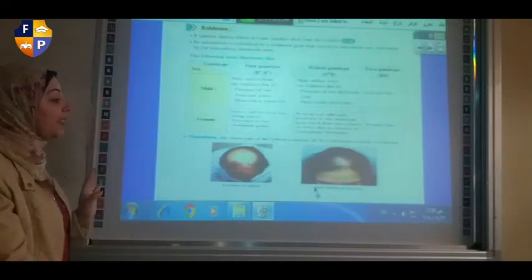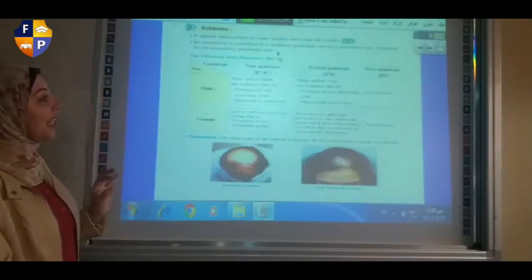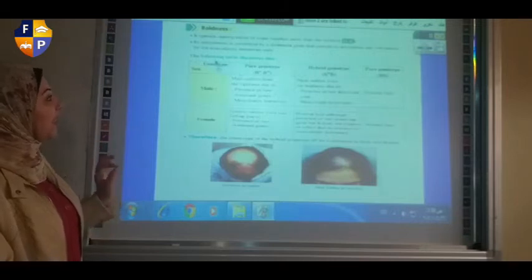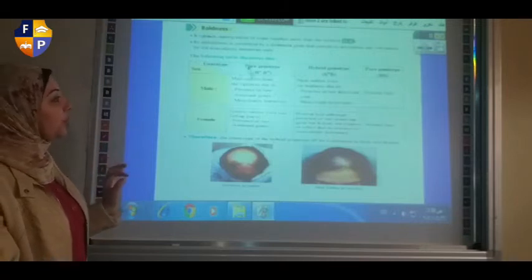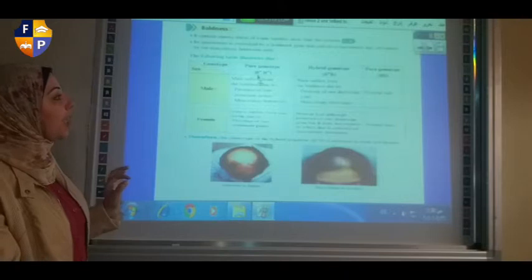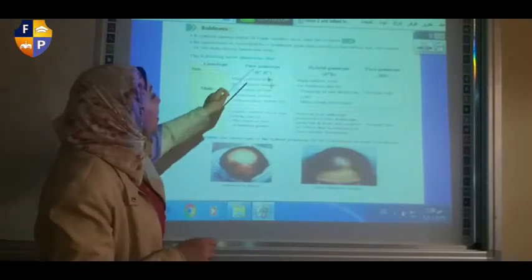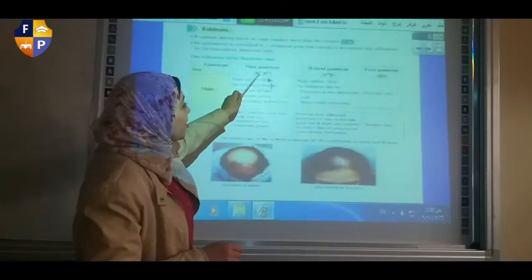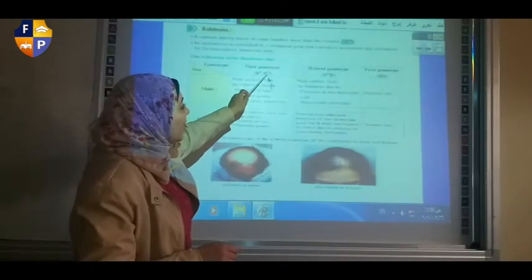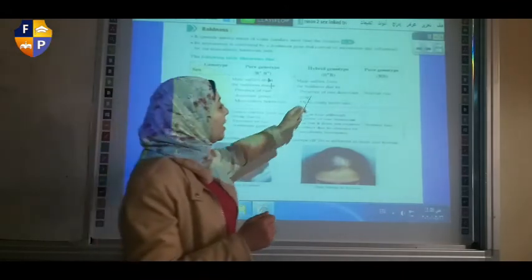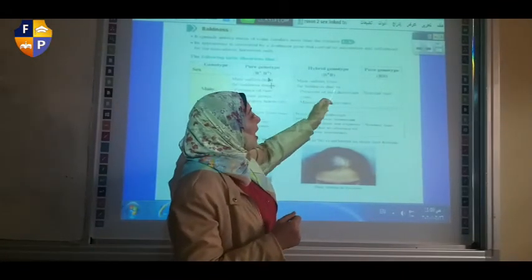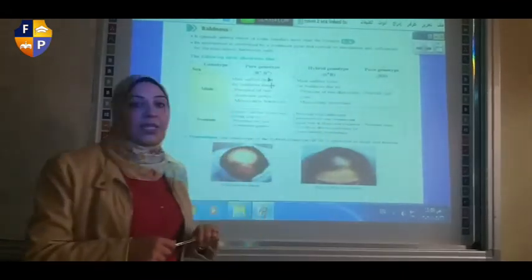Okay, this hormone affects the action of the gene. In baldness, the pure genotype, pure B capital, takes the sign positive. We give it the sign positive because it is pure. In the hybrid, we give it one positive sign. And the recessive doesn't take any sign.